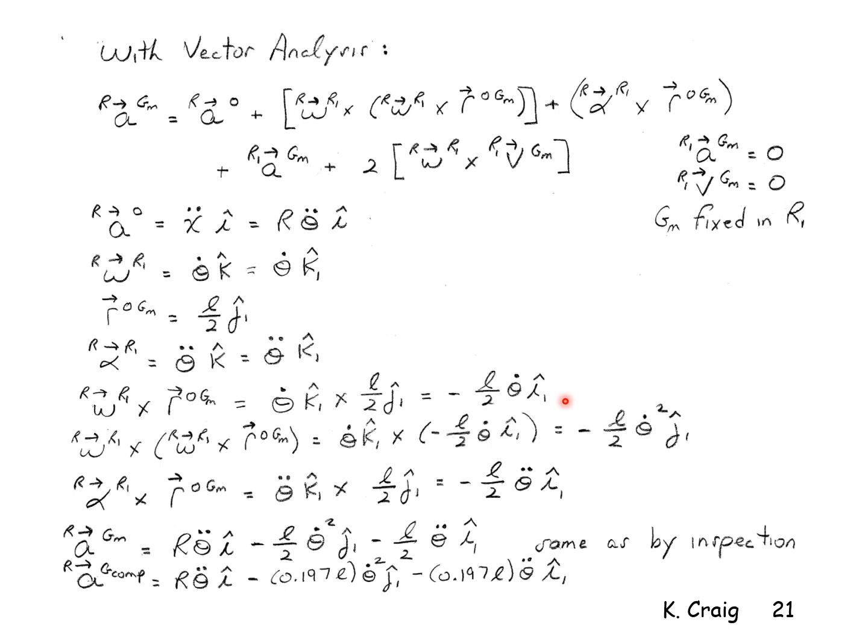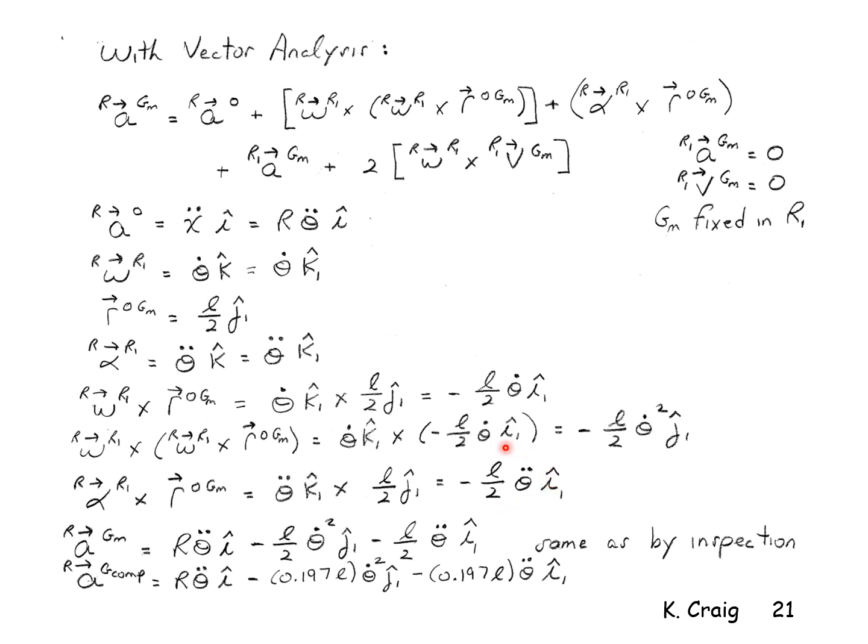If you don't know how to do vector cross products with unit vectors, please review your previous mechanics notes. Then we perform this analysis, and we get this result. Then I perform this analysis. Since I have all of the terms represented here, it's just a matter of, as they say, turn the crank and do the analysis, and I get this result.